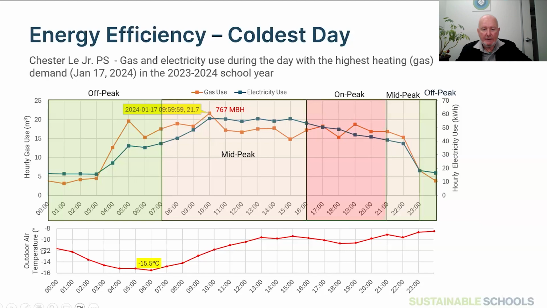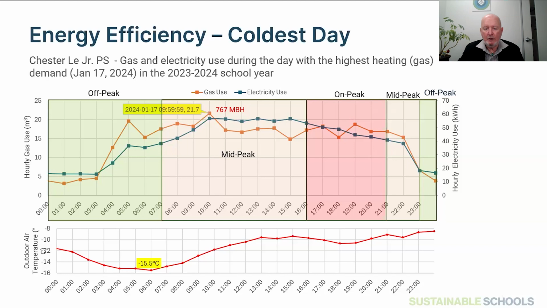The coldest day becomes part of this. So it's exactly the same chart as you saw before, but this is more granular. You can see more issues. And what Mark's added to this is, as Ontario is looking at time of use type rates, we got off-peak periods up to 7 o'clock in the morning during weekdays.